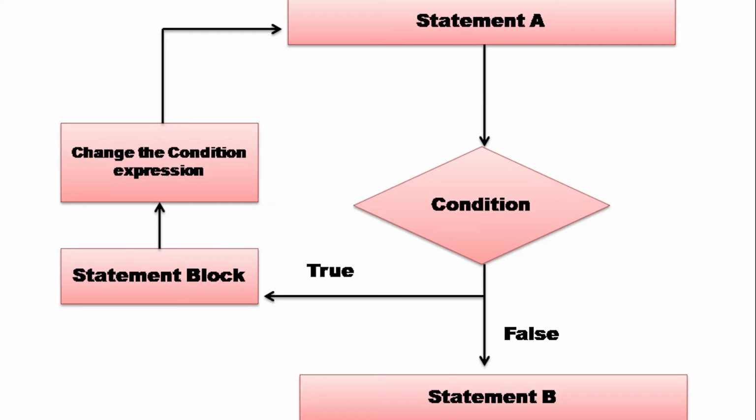There is a statement A and then there is a condition. If the condition is true, then a particular statement block is going to be executed and the expression for the condition is going to be changed. And if the condition is false, then another statement block is going to be executed.